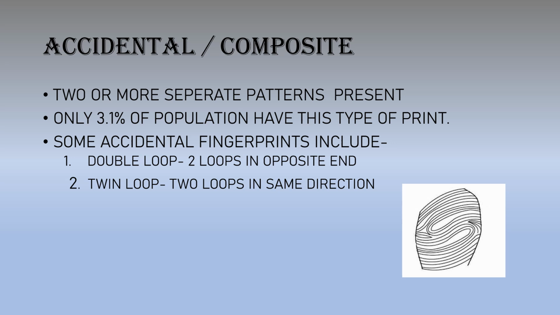Here is one type of fingerprint where two loops are present in opposite directions, one from right to left and one from left to right. Only 3.1% of the population have this type of fingerprint, the composite type.